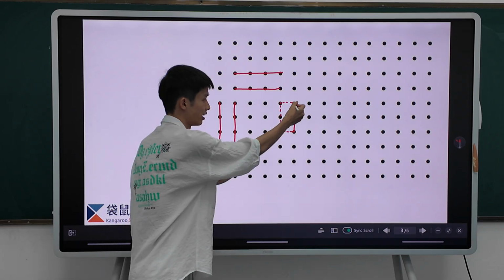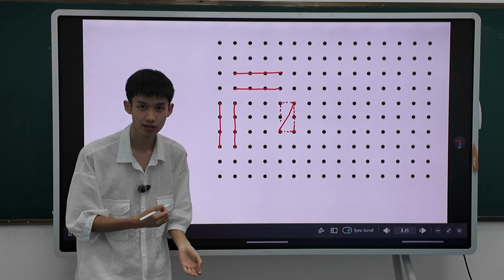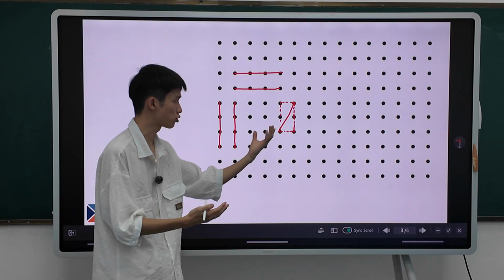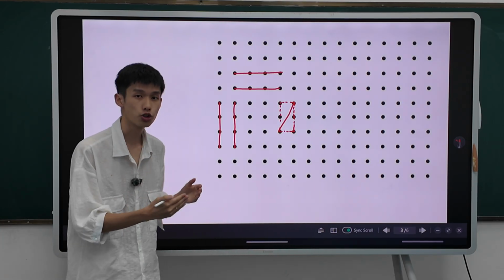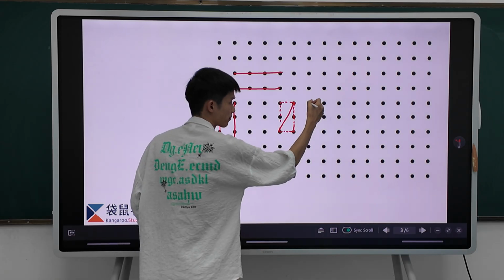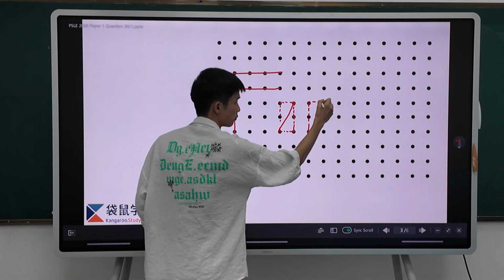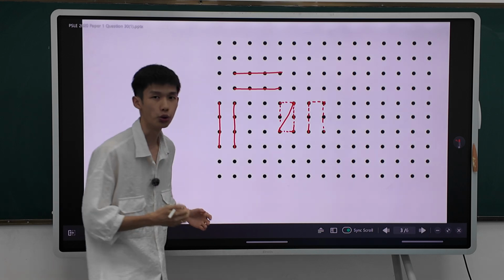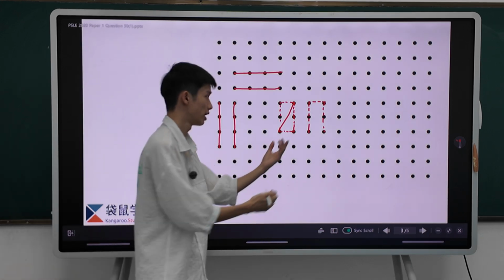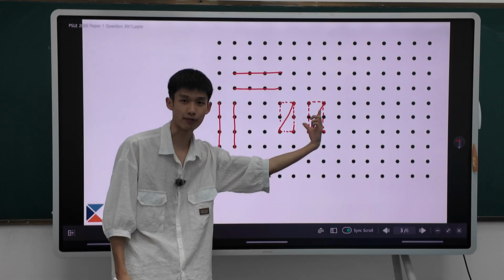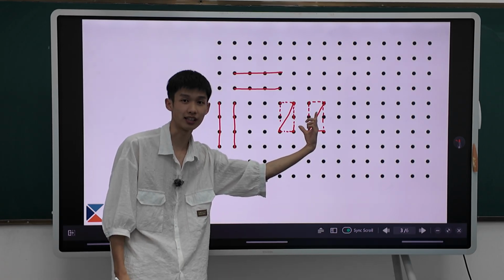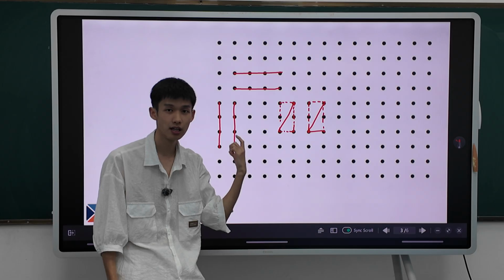So to draw the same length, we can draw a same-size rectangle, 2 by 1 or 1 by 2, and then connect its diagonal. That will be the same slanted line with the same length.